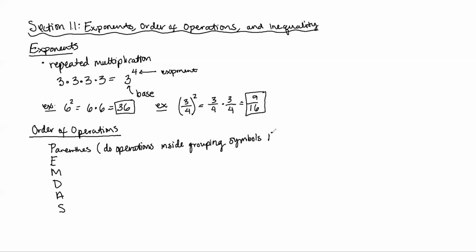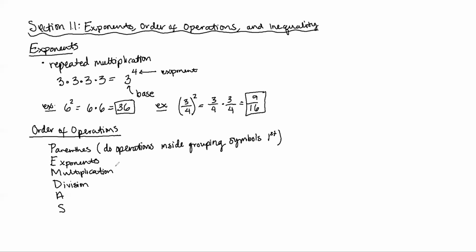And we have to be careful because sometimes parentheses are used to show multiplication instead of being used as a grouping symbol. The E here is going to stand for exponents. So after we do everything inside grouping symbols, we're going to go ahead and evaluate exponents. M stands for multiplication. D stands for division.